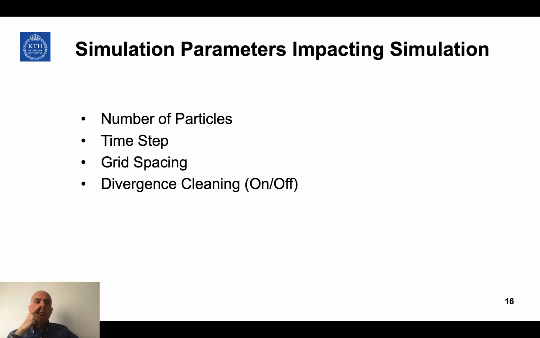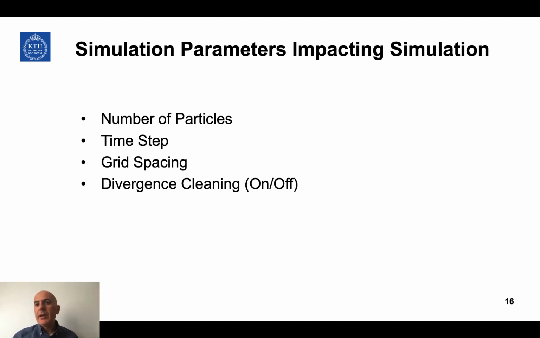I want to finally go through some parameters that impact the simulation. In the next lab, we will ask you to set up some reasonable numbers for our simulation, and there are some parameters that are extremely important for doing that. The first question we might have is how many particles we want to set up, right?